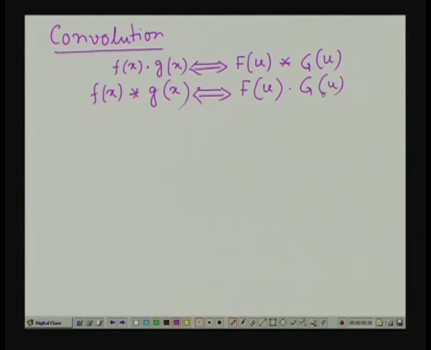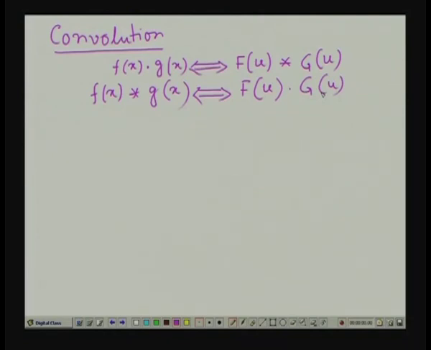So, the convolution of two signals in the spatial domain is equivalent to multiplication of the Fourier transformations of the same signals in the frequency domain. On the other hand, multiplication of two signals in the spatial domain is equivalent to convolution of the Fourier transforms of the same signals in the frequency domain. So, this is what is known as the convolution property.